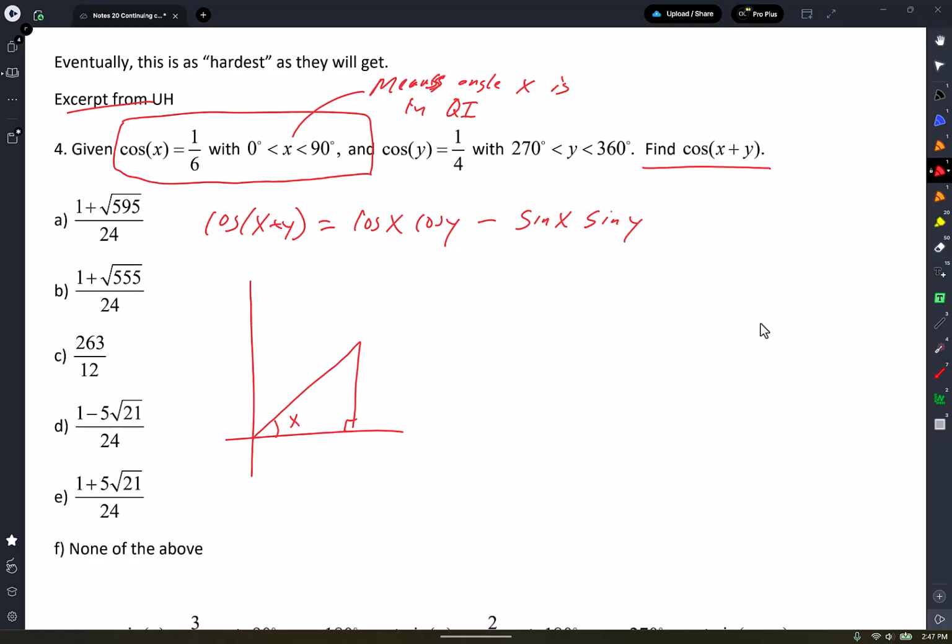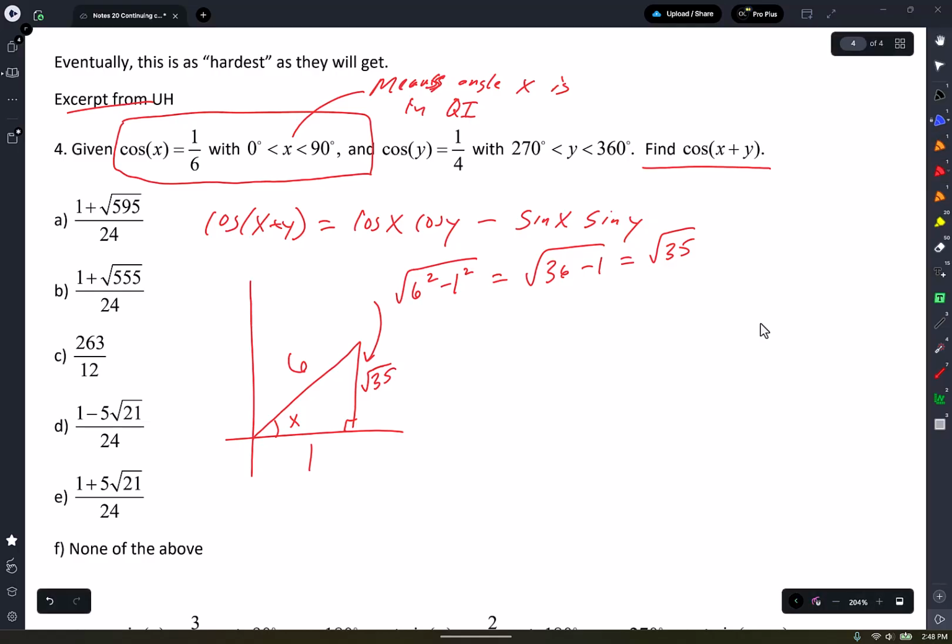Cosine is adjacent over hypotenuse. Adjacent, 1. Hypotenuse, 6. So how do I figure out this segment there? It's the square root of 6 squared minus 1 squared. 6 squared is 36. 1 squared is 1. So square root of 35. Is everyone okay with how I got that, guys?